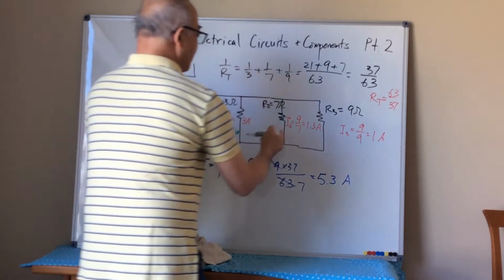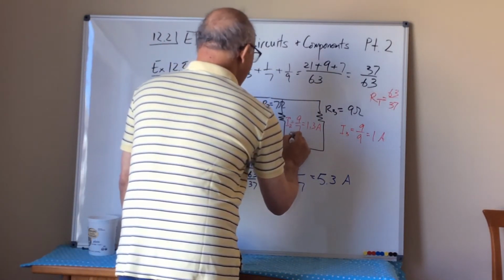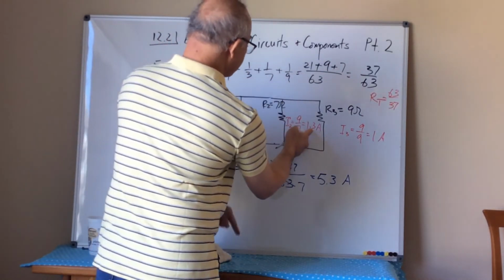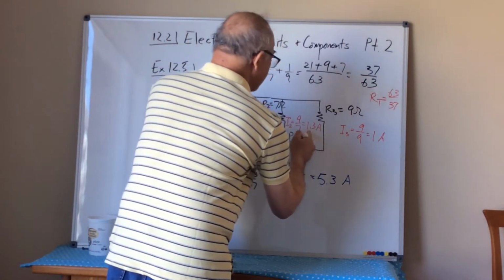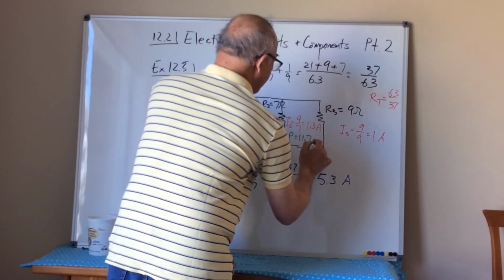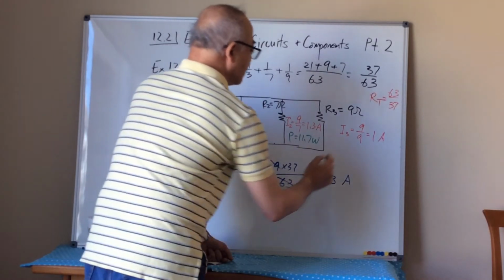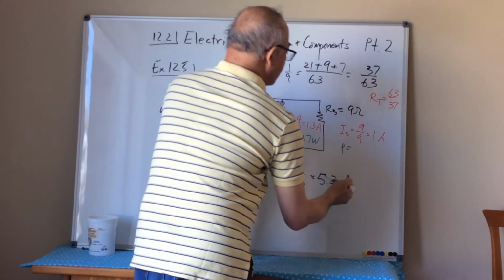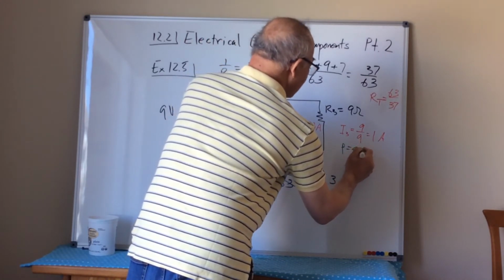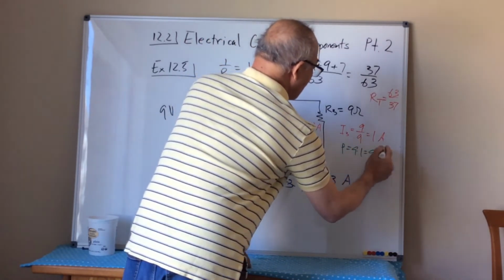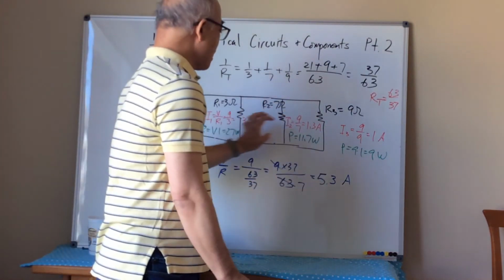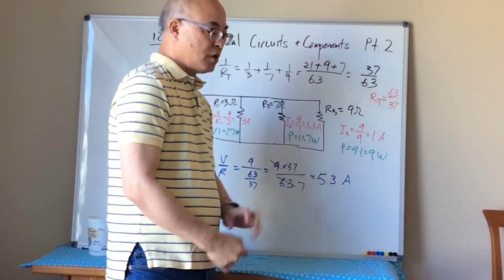Over here, the power is equal to the voltage, which is 9, times that, so it's going to be 11.7 watts. Over here, the power is equal to the voltage, which is again 9, times 1, so 9 watts. So you can calculate the power consumption across each resistor also.